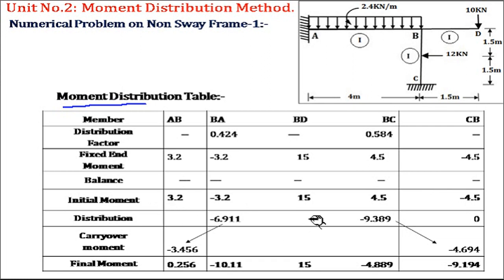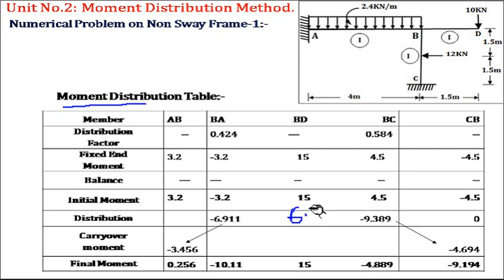Now at joint B, if you consider the summation of moments at joint B, that is the summation of moments in members BA plus BC plus BD, it should be equal to 0. But here, if you take the addition of moments at joint B, it is 16.3.